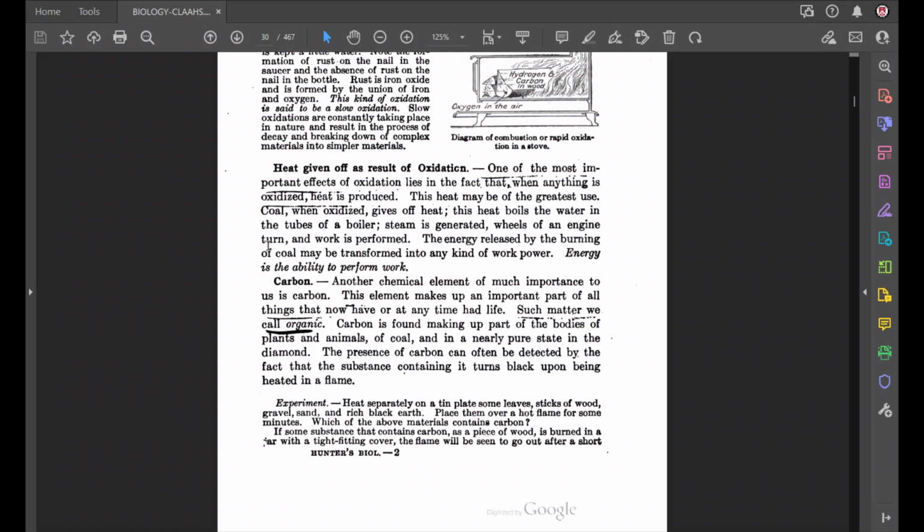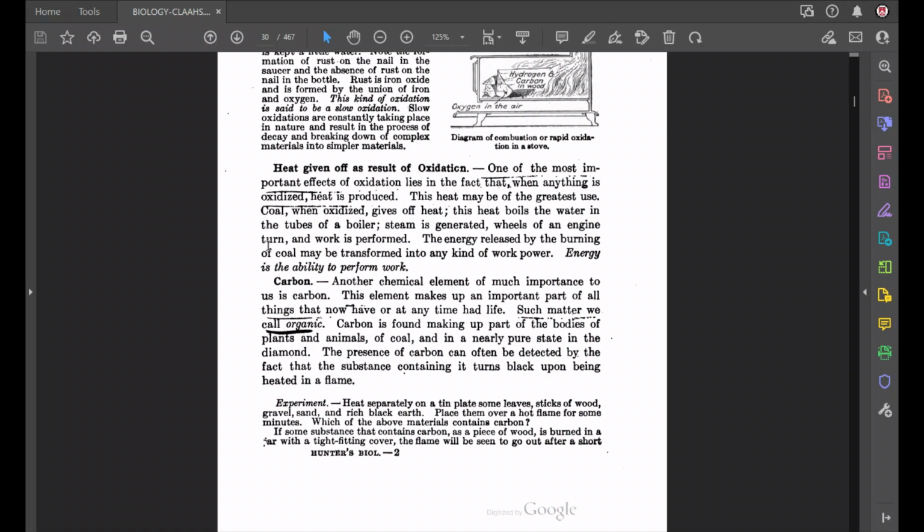It's a building block of nature, according to chemistry. We read, another chemical element of much importance to us is carbon. This element makes up an important part of all things that now have or at any time had life. That's for your notes.